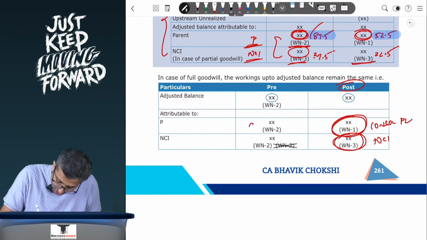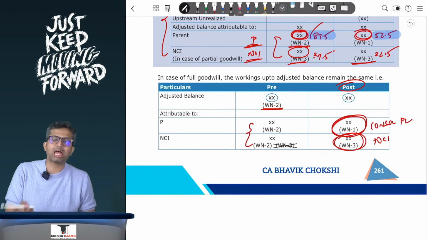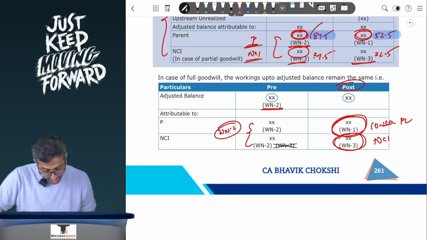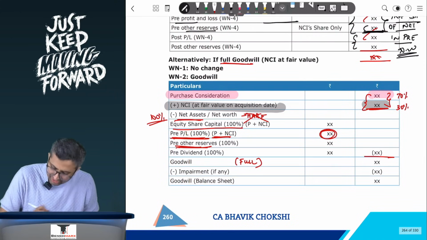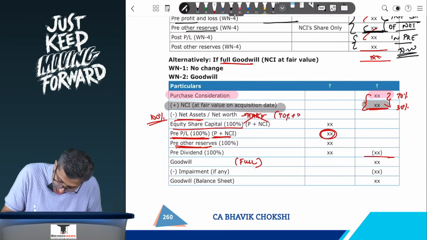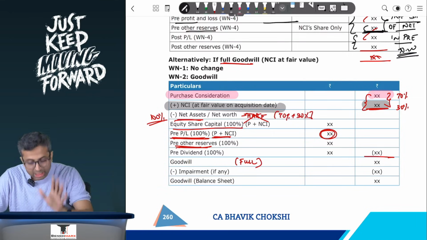So over here, the entire pre-acquisition reserves, both the parent share as well as the NCI share, will go to working note 2 for the goodwill working only, because I have taken the entire NCI as on the acquisition date over here, and hence I will take both 70% and 30% of the share capital, 70% and 30% of the pre-acquisition reserves in this same working.